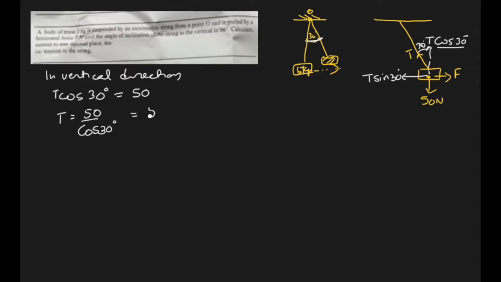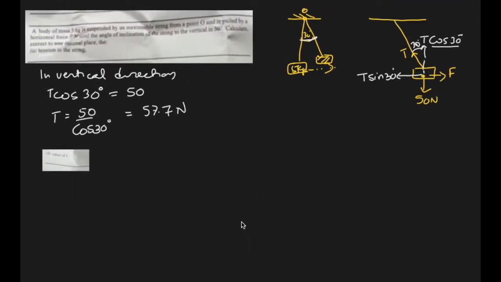And the answer I got here was 57.735. But they're saying we want only one decimal place, so 57.7 newtons is the next one. Next part, obviously they will be asking value of F because it was also unknown, right? For this, we will compare the horizontal components. So we can say here that T sine 30 to the left will be equal to F to the right.